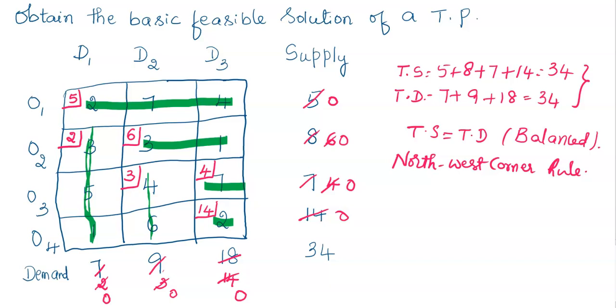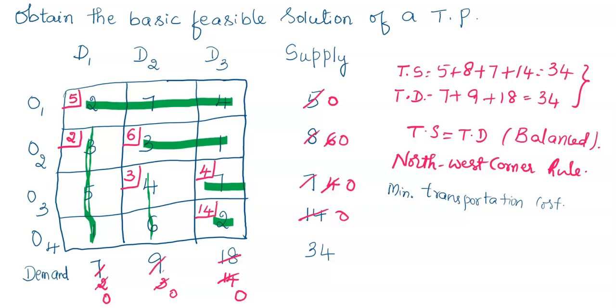Later, we have to write the minimum transportation cost. How do we calculate the minimum transportation cost? Here, for each cell which consists of the cost, you have to consider that along with the cell value.